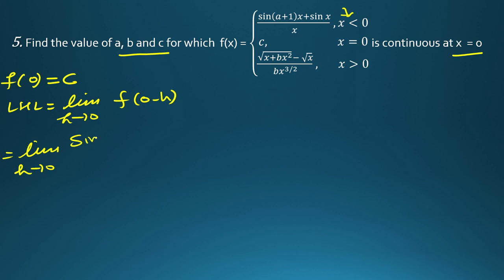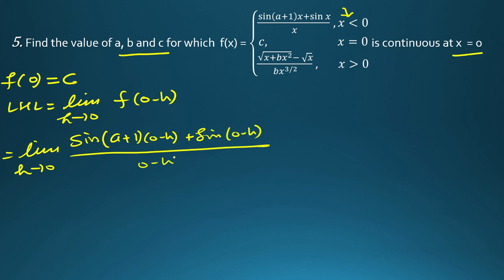So sine of (a plus 1) into (0 minus h) plus sine of (0 minus h) over (0 minus h). Now it is limit h tends to 0. Now you see minus sign, minus up, minus down. I am taking common and it will be cancelled out.